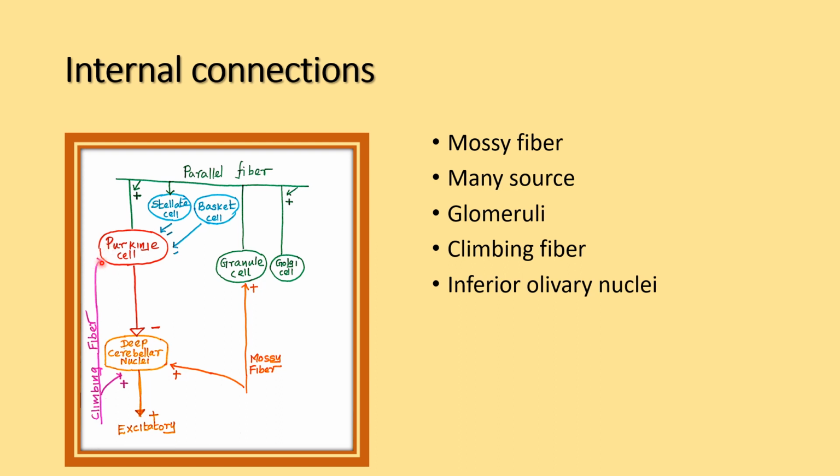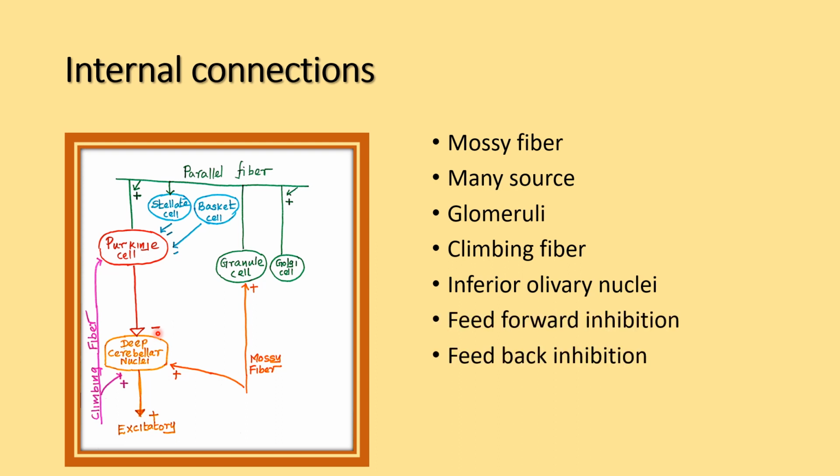It stimulates the Purkinje cells, but the output of the Purkinje cell is inhibitory to the deep cerebellar nuclei. But the final output of the deep cerebellar nuclei is always excitatory. So these are the internal connections.